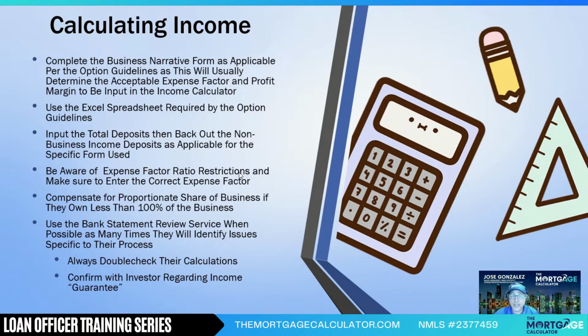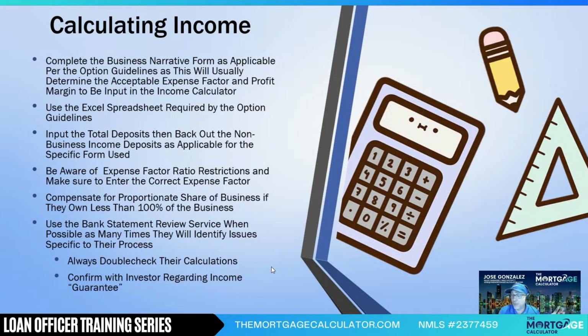They will calculate the income for you, doing the removals of what they consider deposits that they're not going to use, and then give you an income. And in many cases, they even back up that income with underwriting. So they will tell you, okay, this is your income. And that's what the underwriter is going to look at, unless there's something glaringly wrong when they're reviewing the whole file. That's what they're going to use 99% of the time.